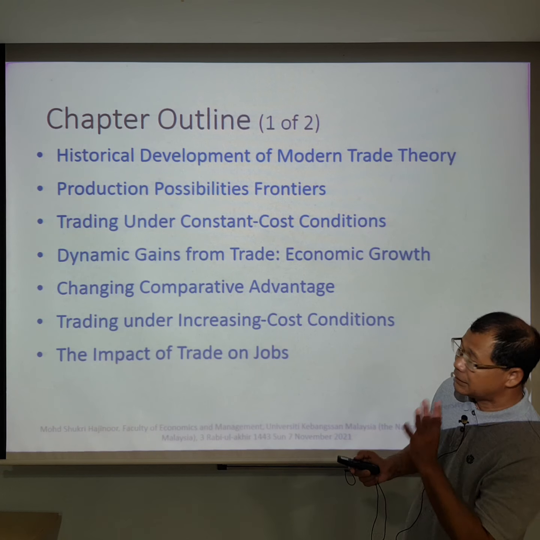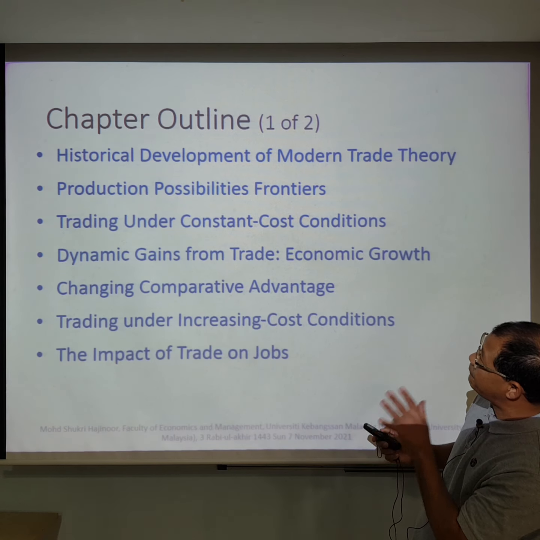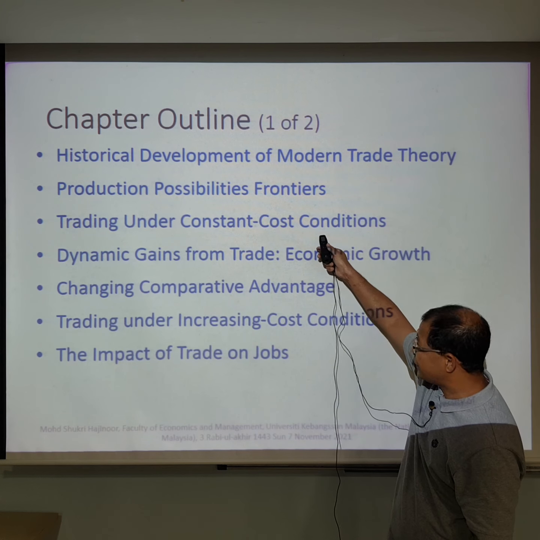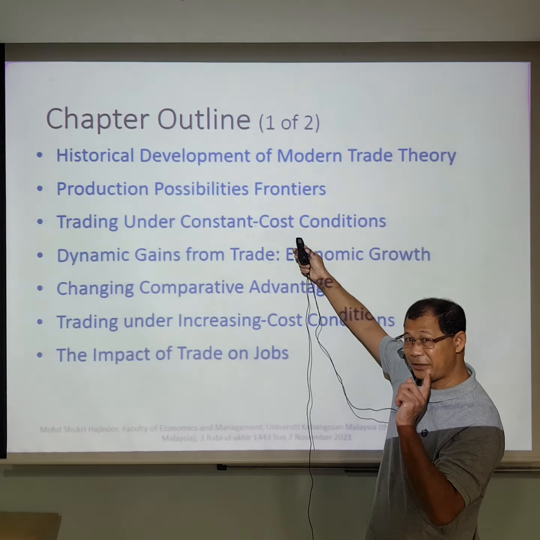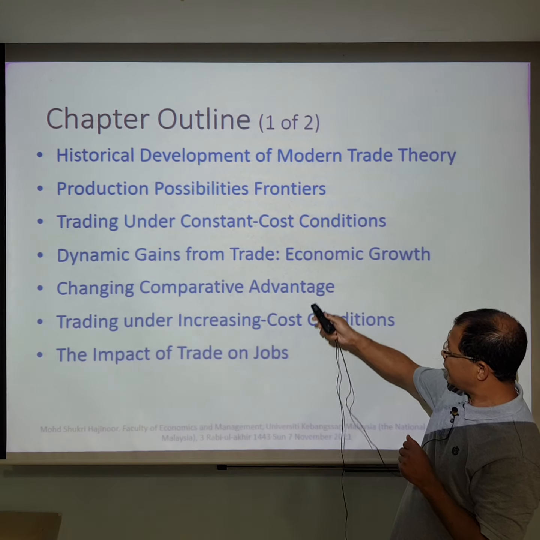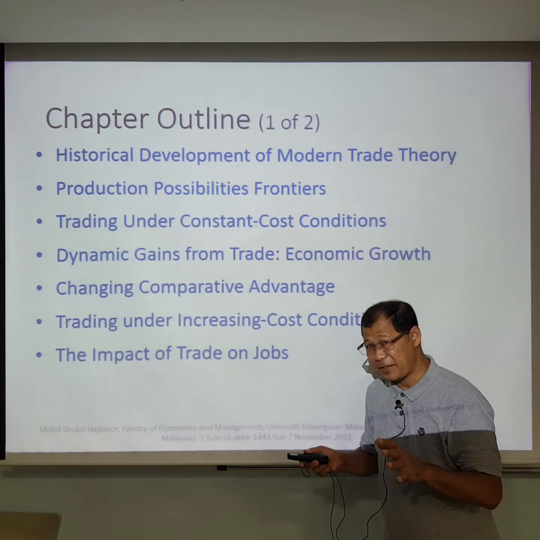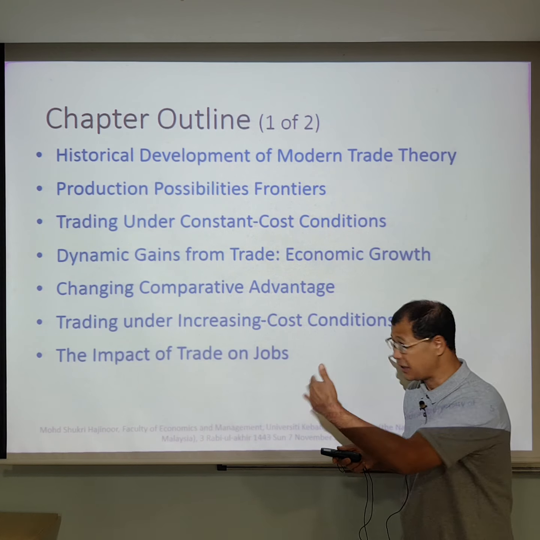So let's begin. This is our chapter: historical production profitability under constant cost condition, 2x1, and dynamic gains, changing comparative advantage. Comparative advantage is not static, it's going to change over time.